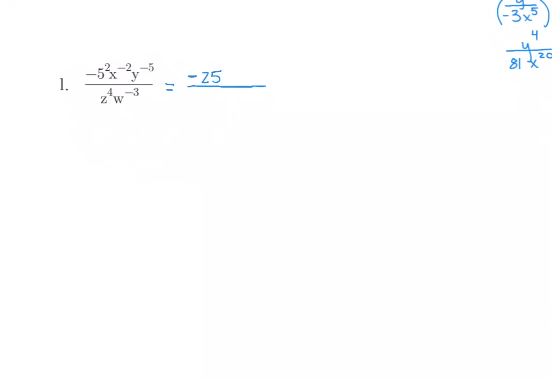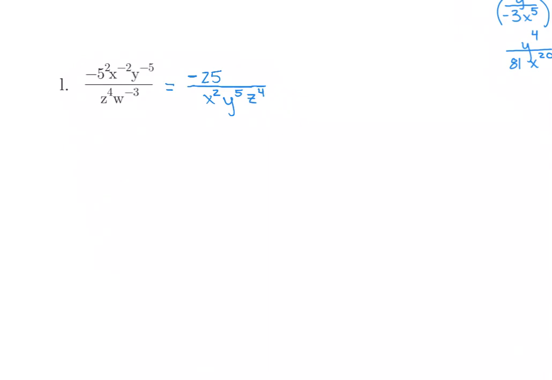All right, x to the negative 2. That's a negative exponent, so I'm going to move it to the bottom. Y to the negative 5. That has a negative exponent. I'm going to move it to the bottom. Z to the 4th. This does not have a negative exponent, so I leave it on the bottom.